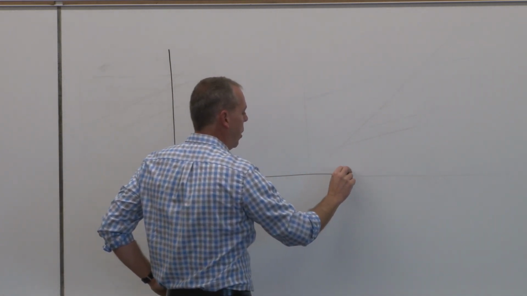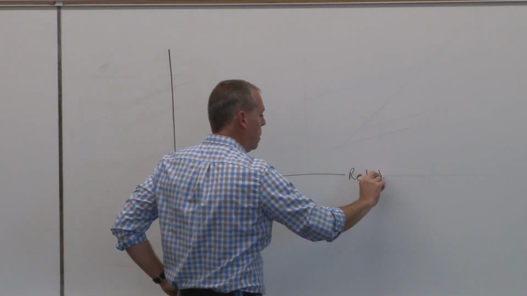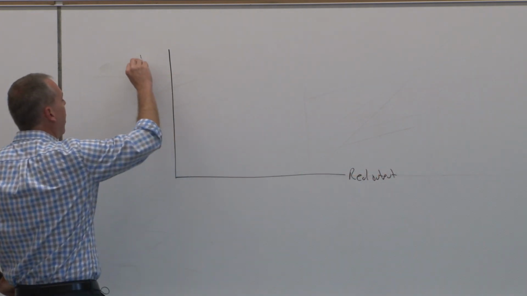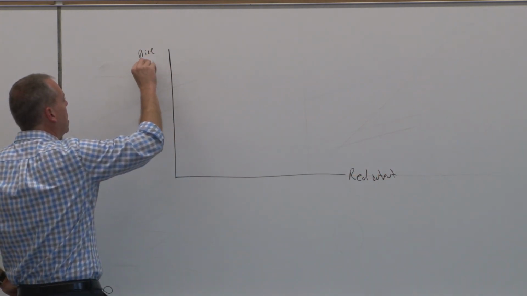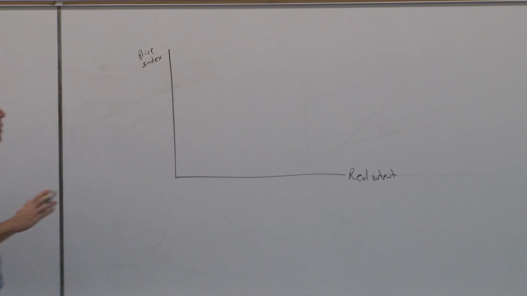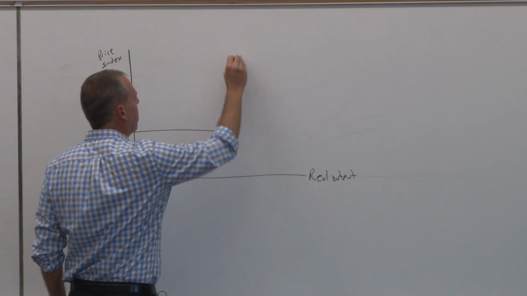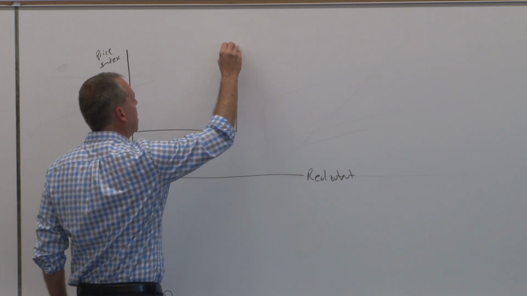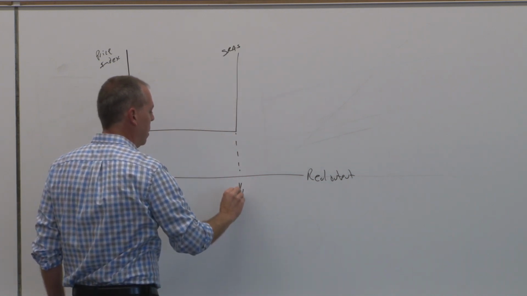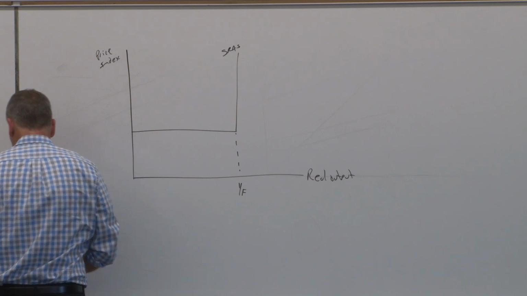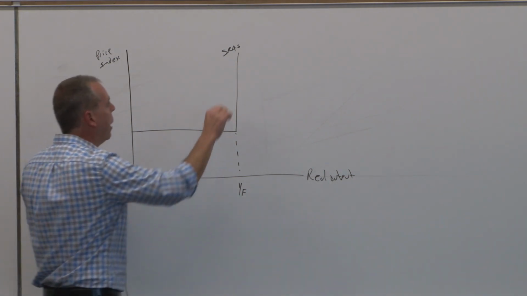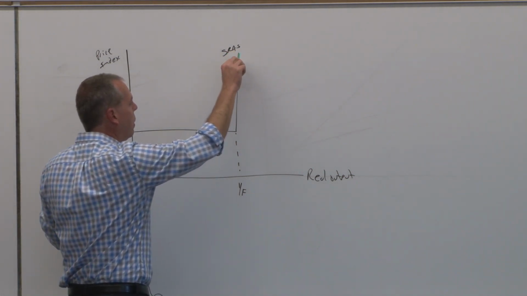So here is our real output. Here's our price index. If all of the assumptions of the Keynesian model are correct, and we look at them through the ADAS model, we're going to have a short-run aggregate supply curve that looks like this. And we'll have our long-run aggregate supply curve that goes right here.